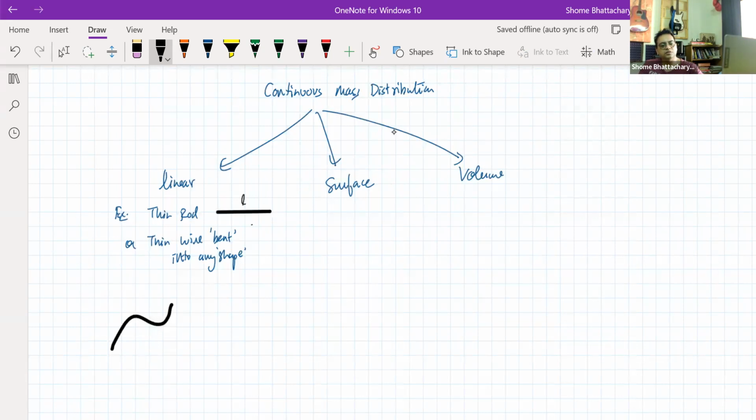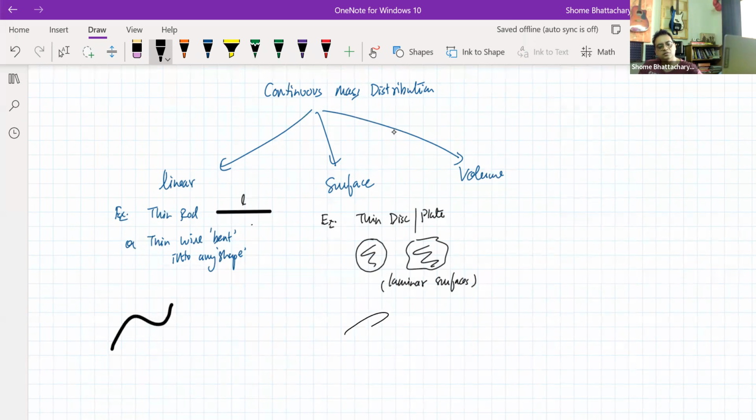Now, a surface could be, for example, any thin disc or plate. Could be any arbitrary shaped plate, but it's a laminar surface. They're examples of what we call laminar surfaces. On the other hand, I could also have something like a hemispherical shell.